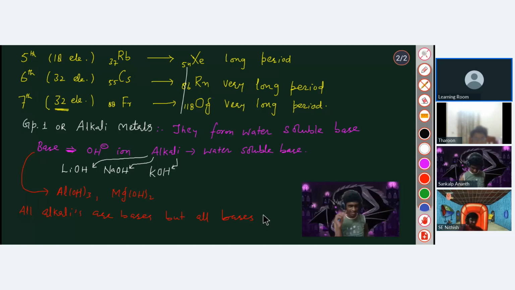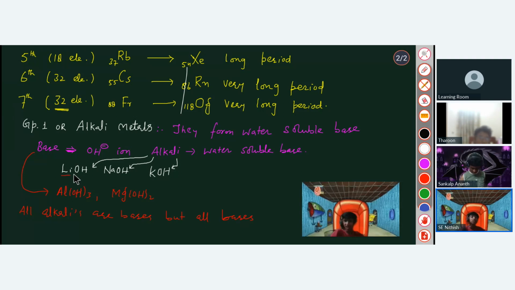You can write them, but if they ask for a base that is not an alkali, you can't write those. All those bases which are water soluble are your alkalis. Got it? Yes, sir.